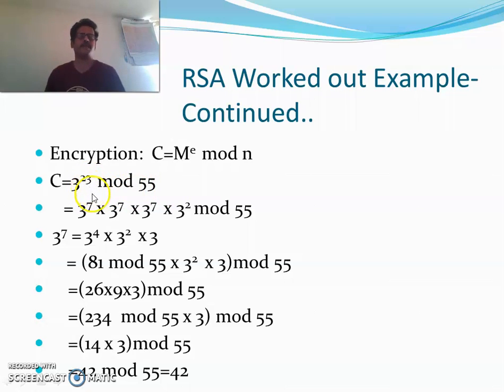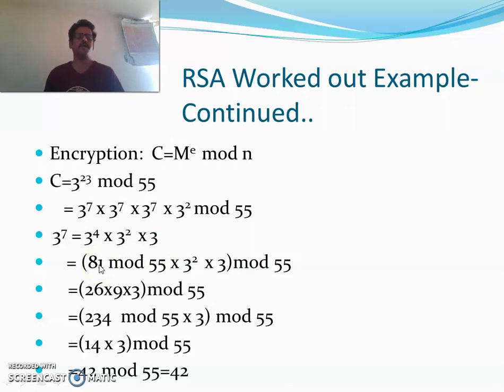3 power 23 can be written as 3 power 7 into 3 power 7 into 3 power 7 into 3 square mod 55 for simplicity. Now we find 3 power 7 by further subdividing into 3 power 4 into 3 square into 3. You can apply the modulo operation in any part of the arithmetic operations. 3 power 4 is 81.